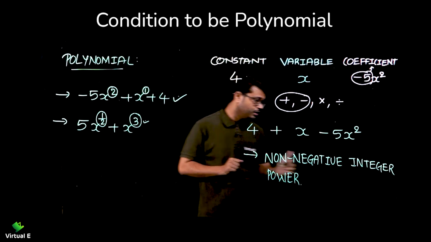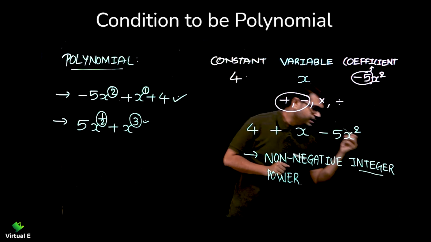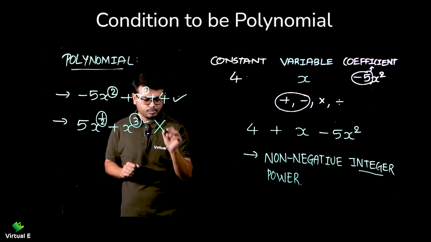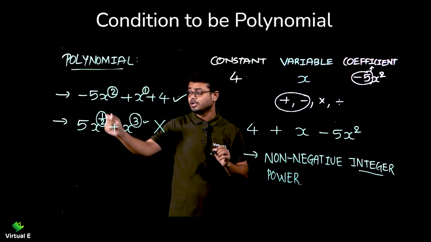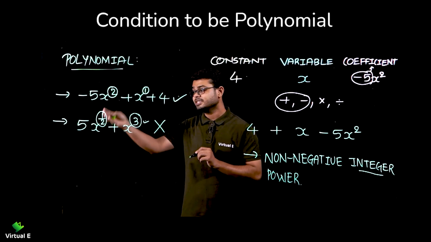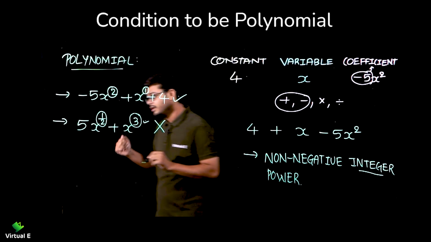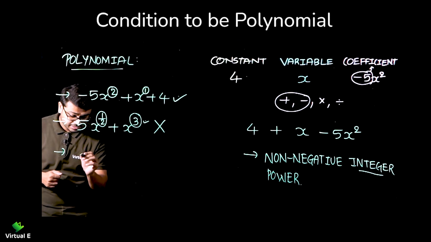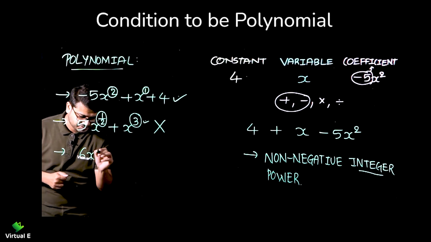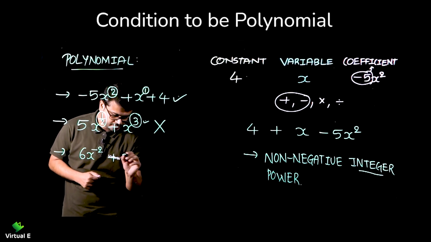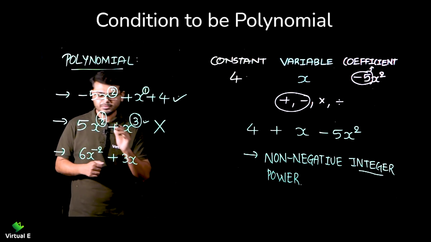But what do we want? We only want an integer as the power. So this is not a polynomial. Remember, 1 by 2 power is not accepted, right? Because it is a rational number. Okay, let's talk about one more case. Let's say 6x raised to minus 2 plus 3x.